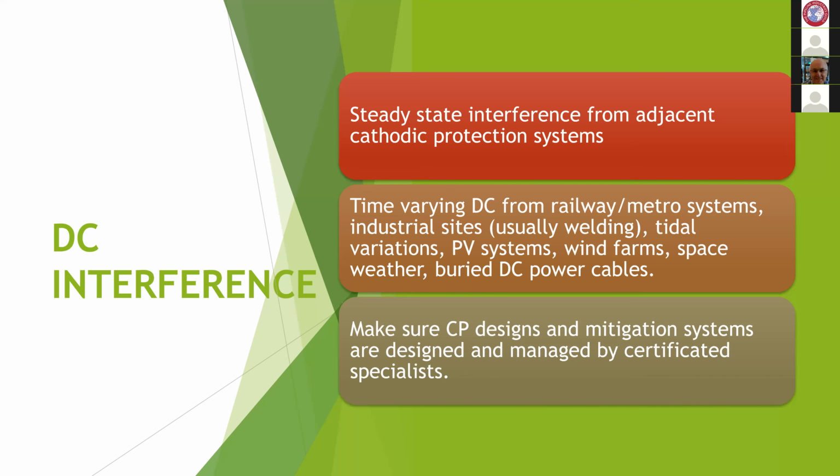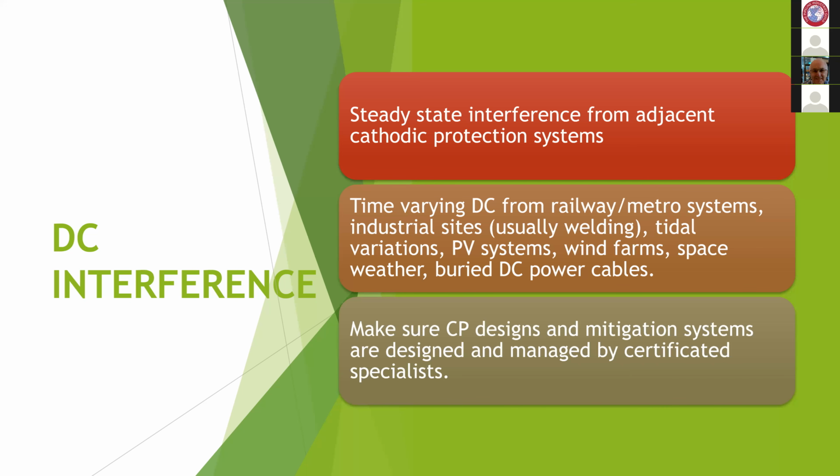Railway systems and welding systems are not too bad to deal with really, because in the worst case, you can ask them to stop and start or change the way the rails are configured, and we can do bonds and various things. But you can't do anything about tidal variations. You can't turn the sun on and off for the PV systems, and you can't stop the wind in the wind farms. You certainly can't stop the space weather, and you can't stop the DC from these interconnector cables.